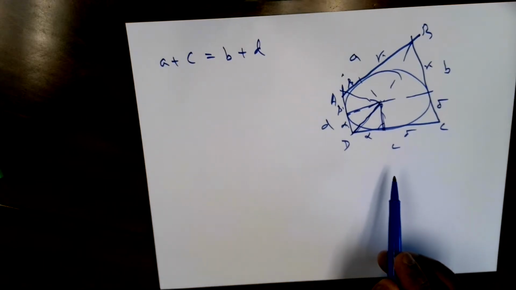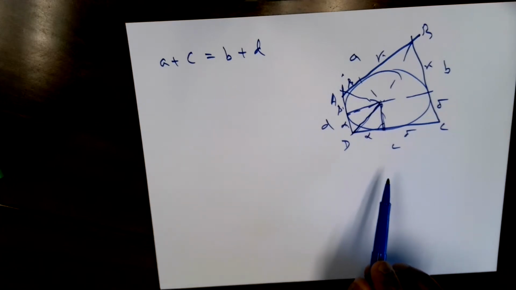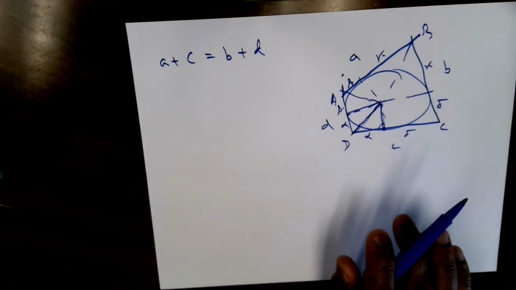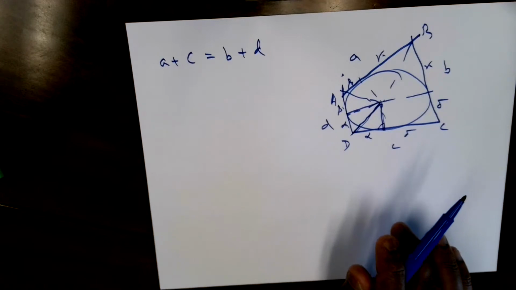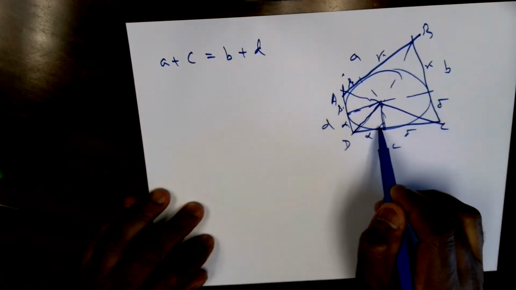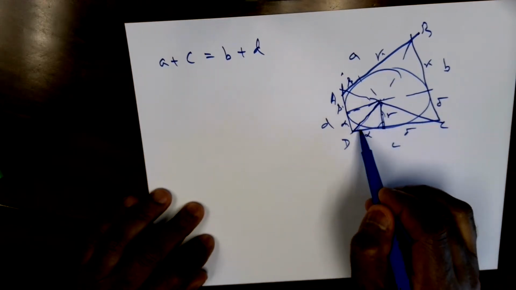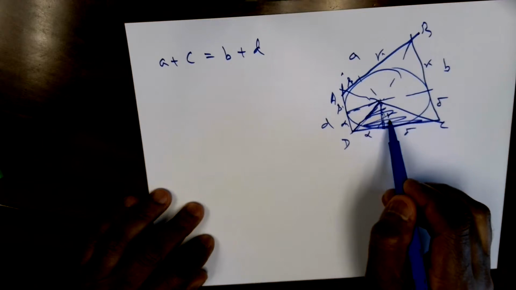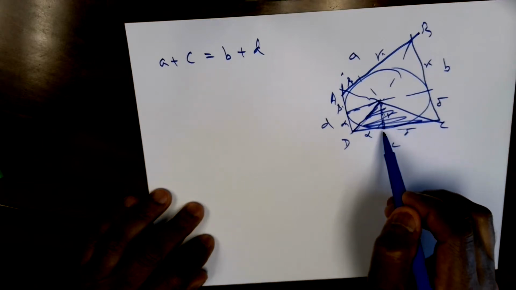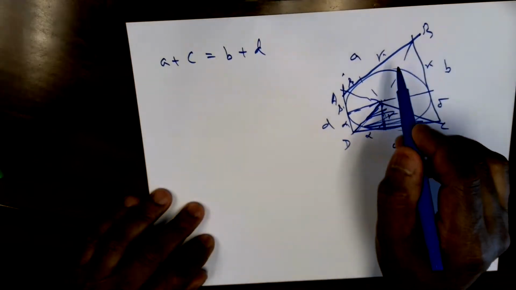This is actually necessary and sufficient. I just showed it is necessary. With a little more argument, you can show that it's also sufficient. And then the area is easy because if this is R, the area of this triangle is simply small r multiplied by, let's say, half the side AC. You do it on all the four sides.